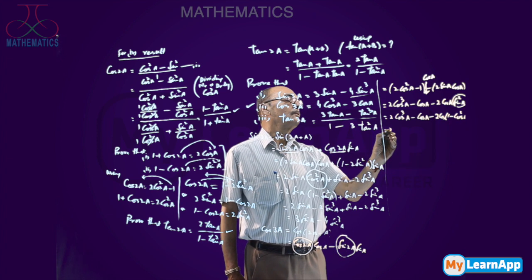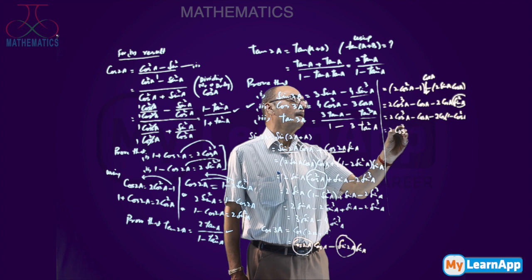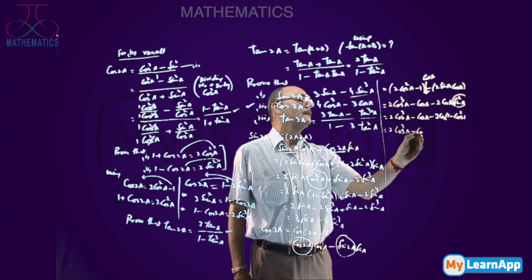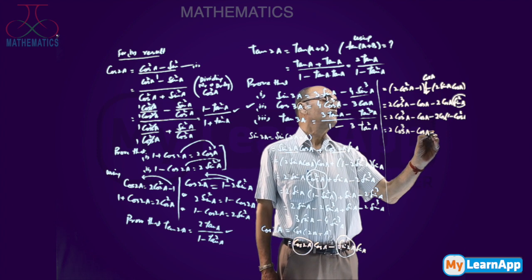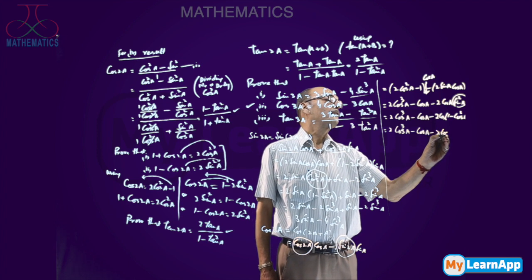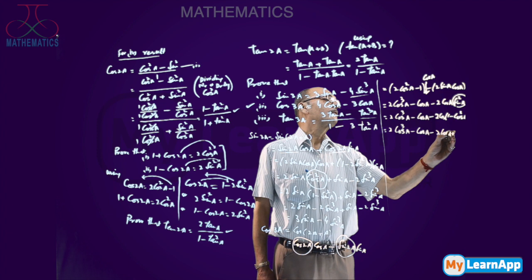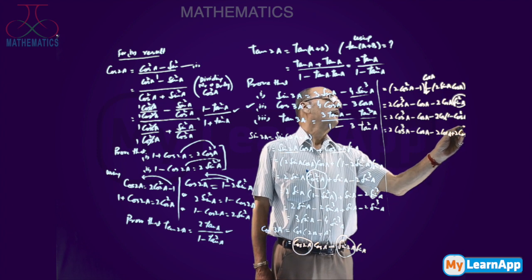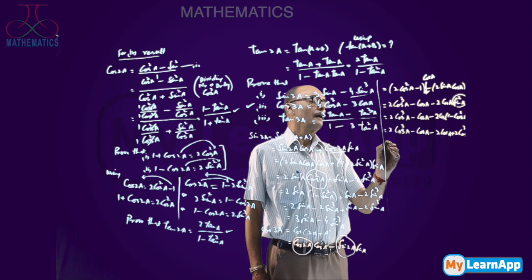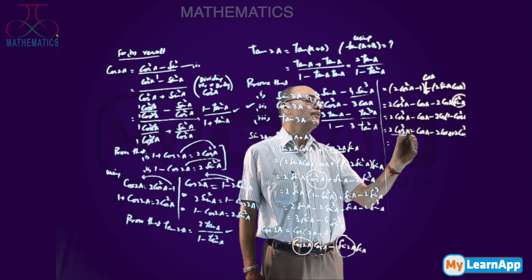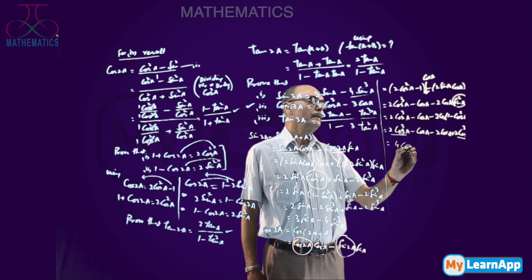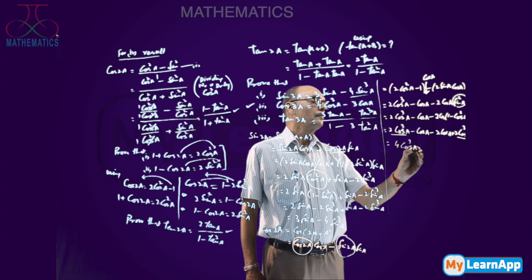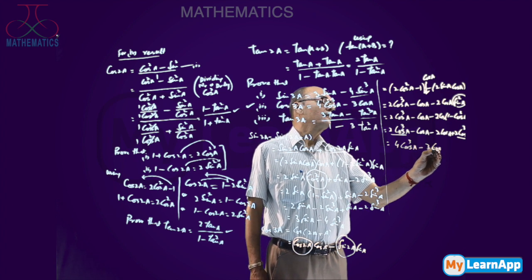So, this is equal to 2 cos cube a minus cos a minus 2 cos a plus 2 cos cube a. And finally, 2 cos cube a and 2 cos cube a will give you 4 cos cube a minus 3 cos a.